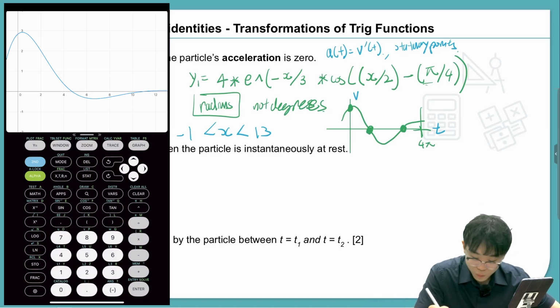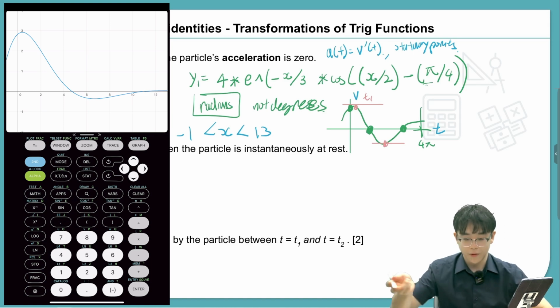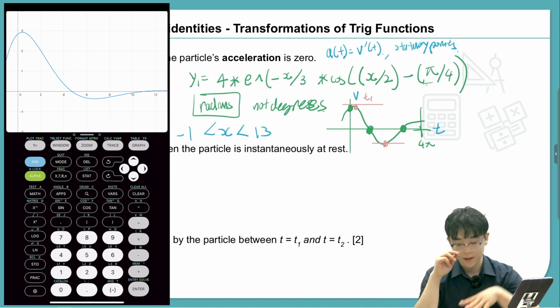So we see one point, here, that's going to be T1, because the tangent line is going to be horizontal. And then there's going to be another one here. Actually, this isn't T2, it would just be another point where the acceleration is 0.